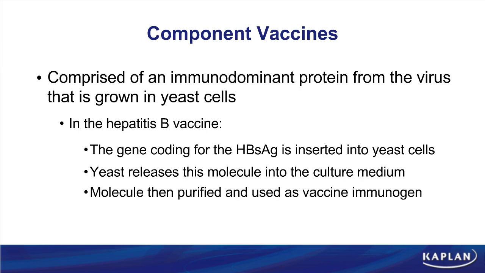Now, why this is such a really good idea is because we know that if we get antibodies to the surface antigen in the case of an immune response to hepatitis B, that provides immunity. So we don't need to worry about antibodies to the core and other antibodies that might be formed if we used a killed vaccine. We're just focusing on the one protein that we know if we get an antibody response to will give us immunity.